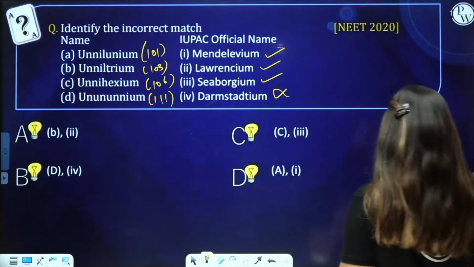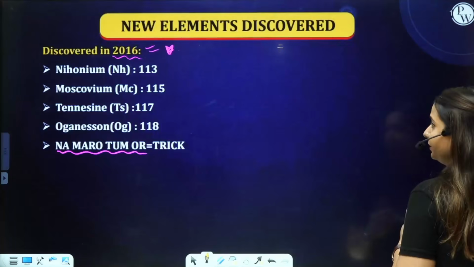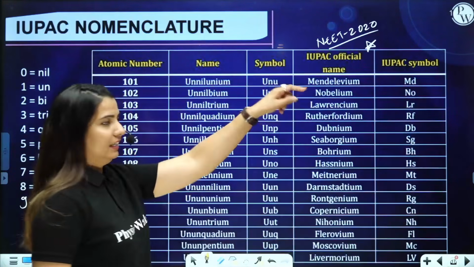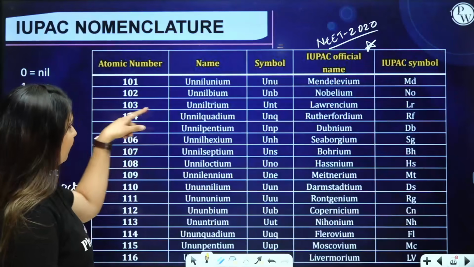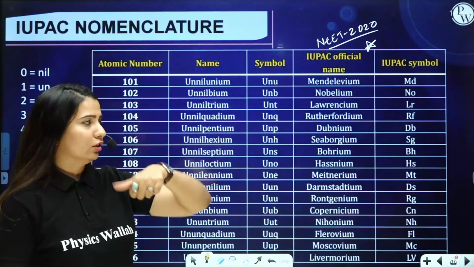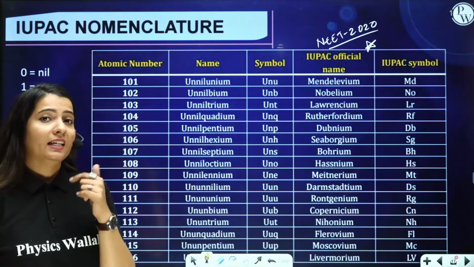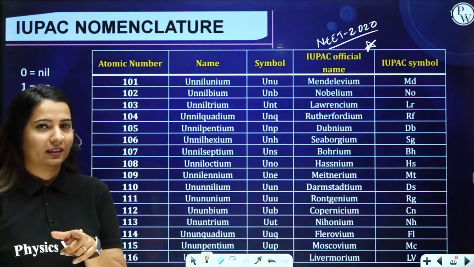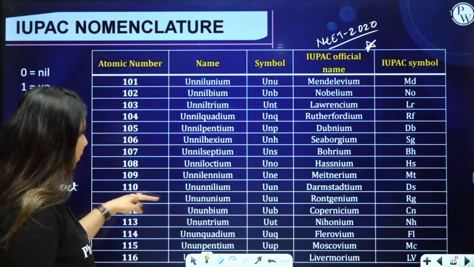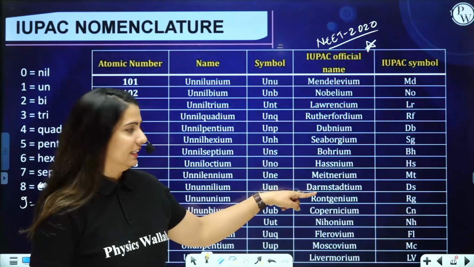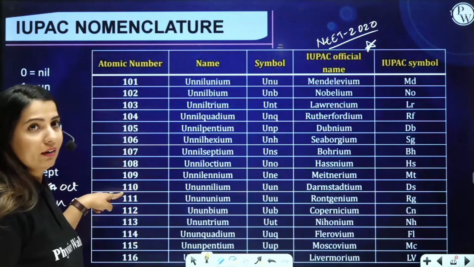That is not Darmstadtium. If you want, you can see it from the table also. I have a table over here. We have 101 as Mendelevium, that is correct. We have 103 Lawrencium, that is also correct. The incorrect one was 111. They were calling it Darmstadtium, but that is not Darmstadtium, that is Roentgenium, right? 111 Roentgenium is the correct answer. Darmstadtium is not 111, that is 110, right?